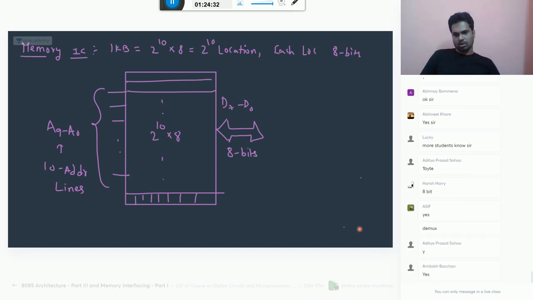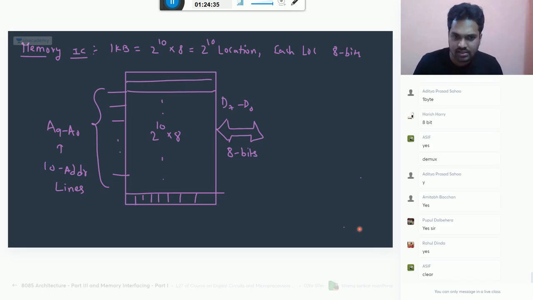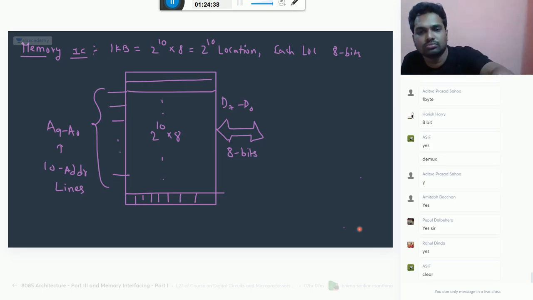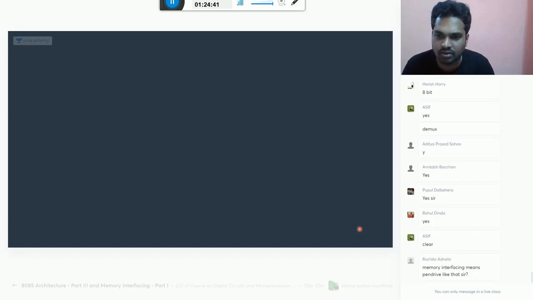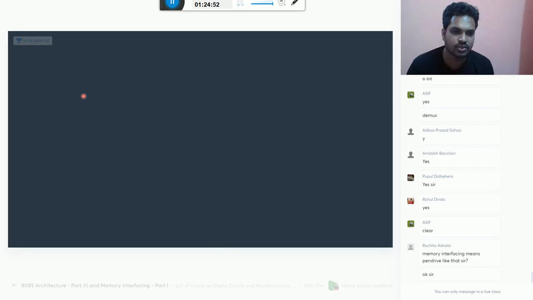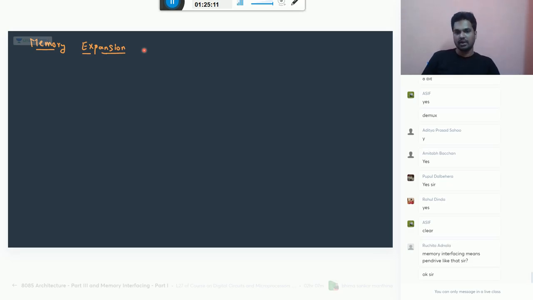Okay. So now let's start. Memory interfacing is like a pen drive. How to connect your memory device to the computer? There are different ways. In this first one, we want to discuss memory expansion.